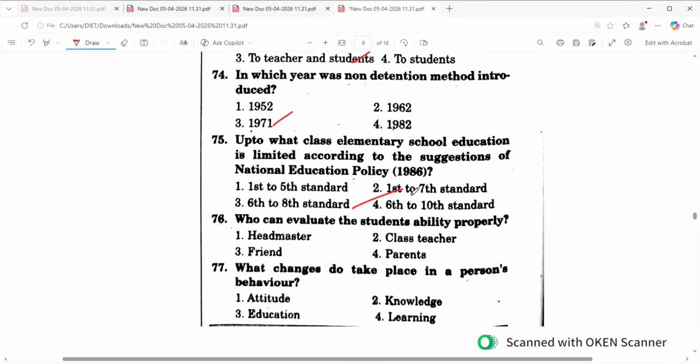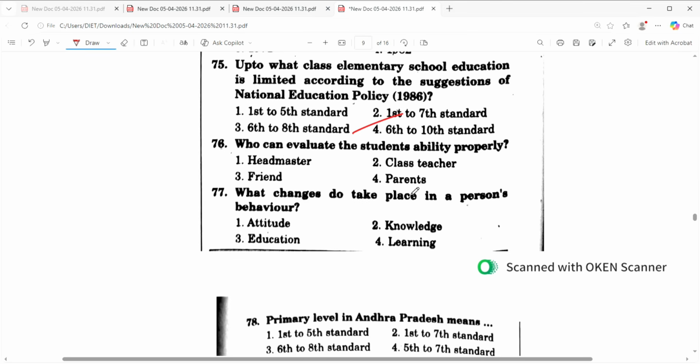Who can evaluate the student's ability properly? Headmaster, school teacher, friends, parents. Naturally, evaluation will be possible through class teacher, right? What changes do take place in person's behavior? What changes take place in person's behavior is nothing but by learning.